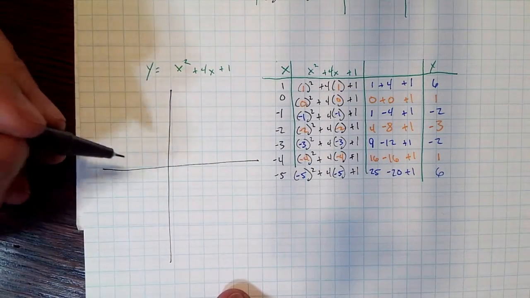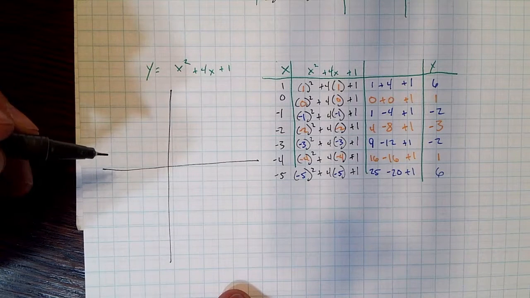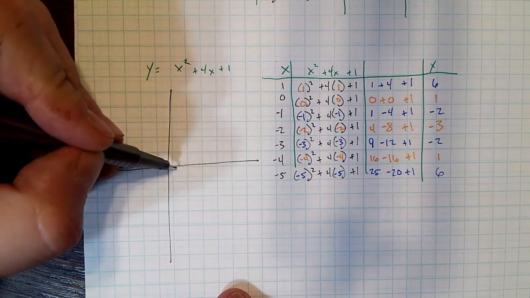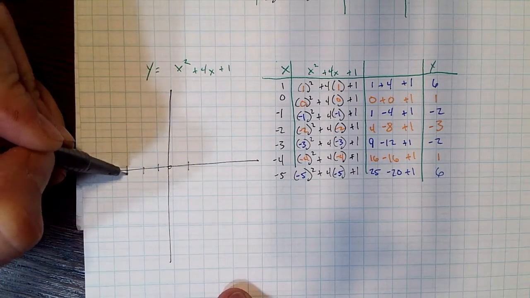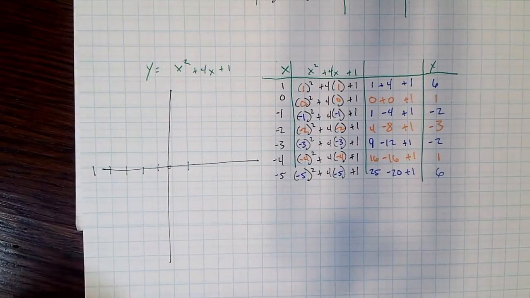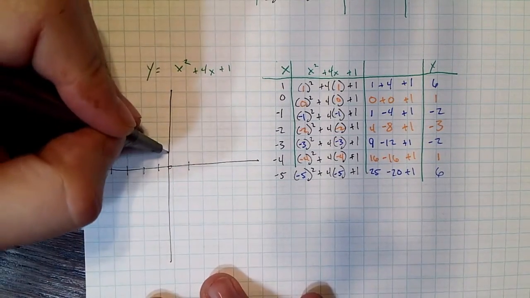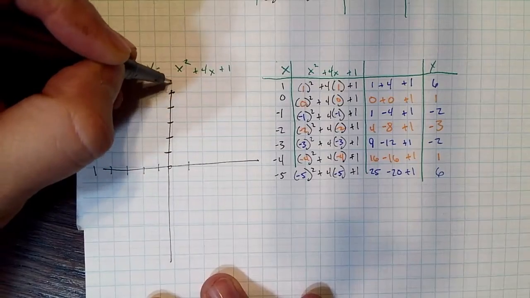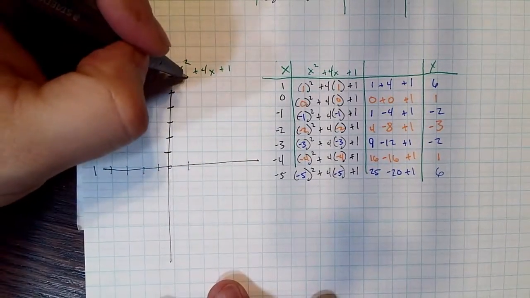All right, so we've got, I drew my thing bad. That's okay. We have 1, 0, 1, 2, 3, 4, 5. All right, so our first point is 1, 6. So 1, 2, 3, 4, 5, 6. So I'm going to put a dot at 1, 6.